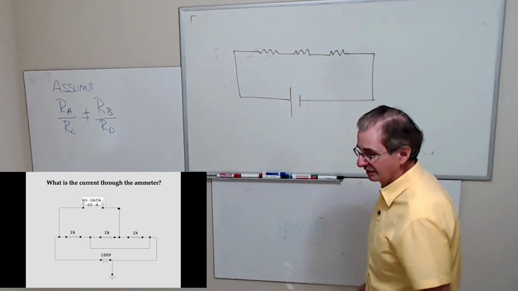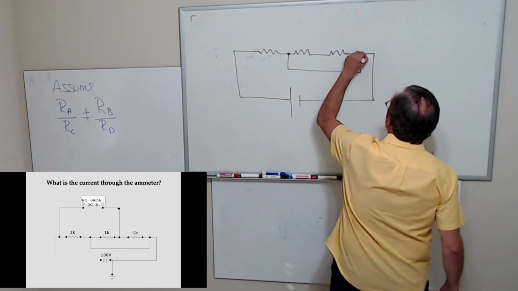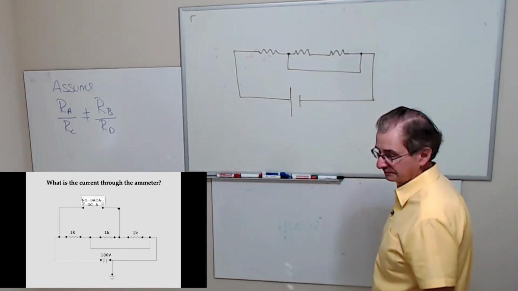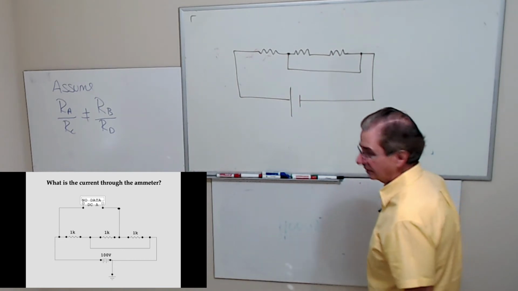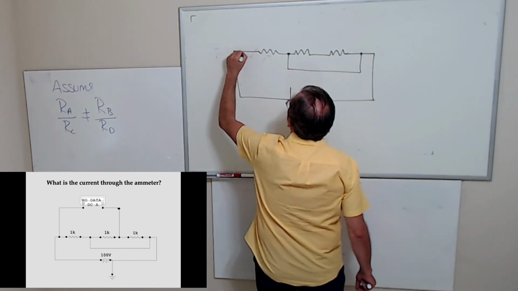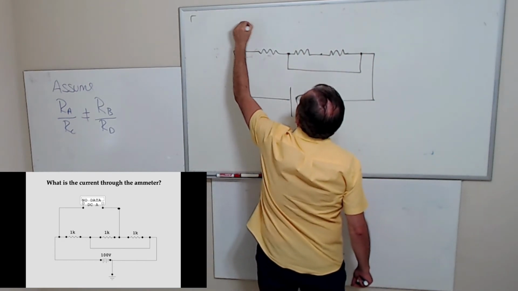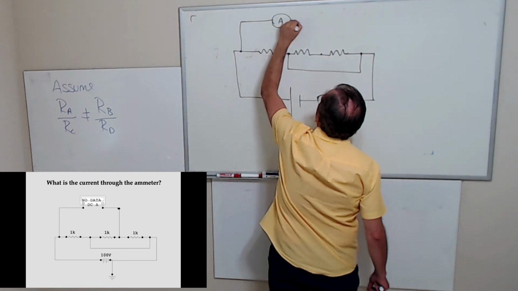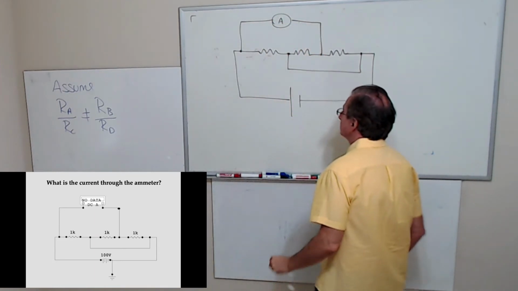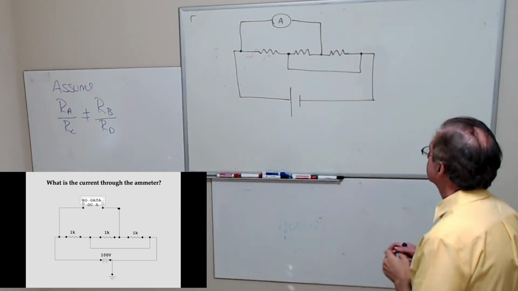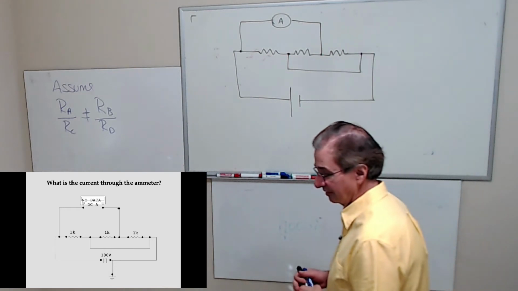Three resistors. I tie them together. And then between this point, now what?